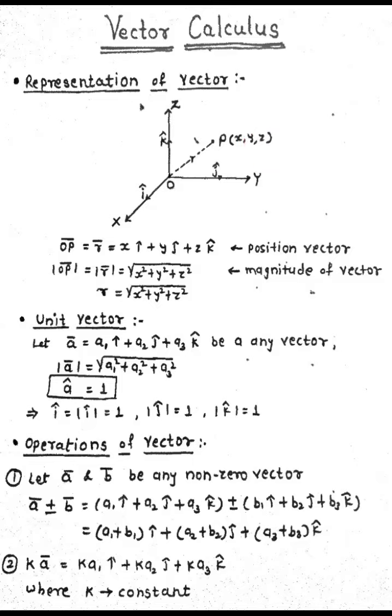So you have to imagine like this: from P, draw one perpendicular line which starts from point P and is perpendicular to the XY plane. Then again draw one horizontal line which is perpendicular to the x-axis. So you can easily find the distance of this point P from the x-axis.